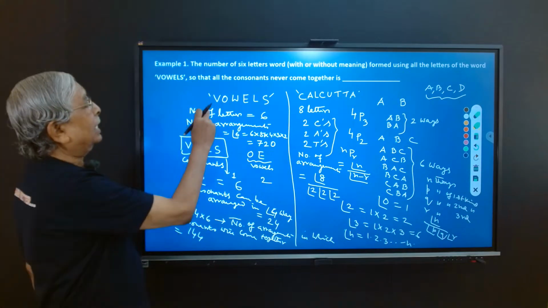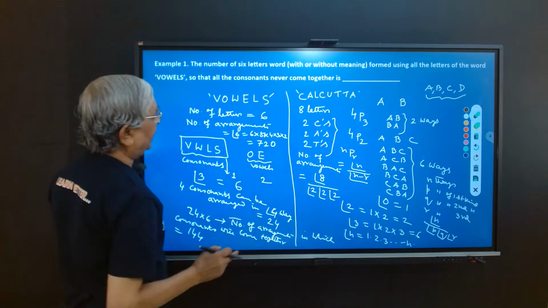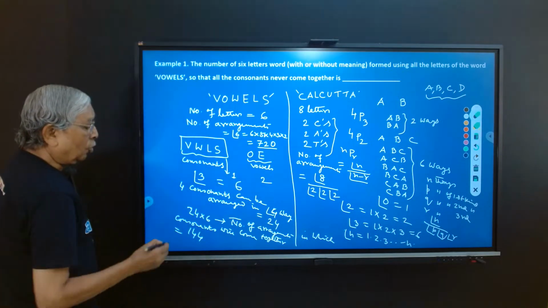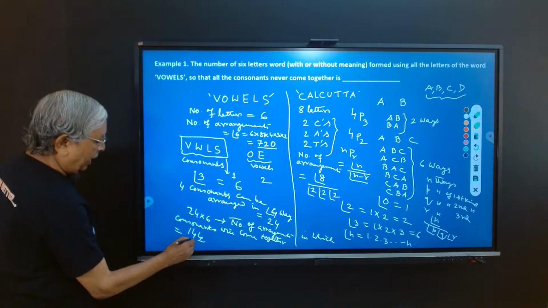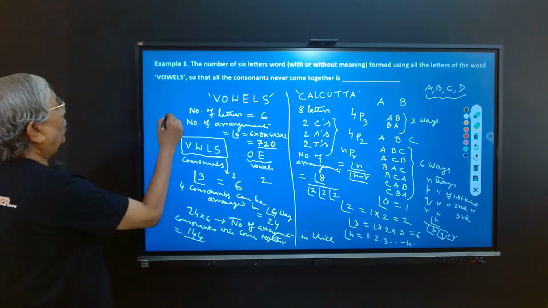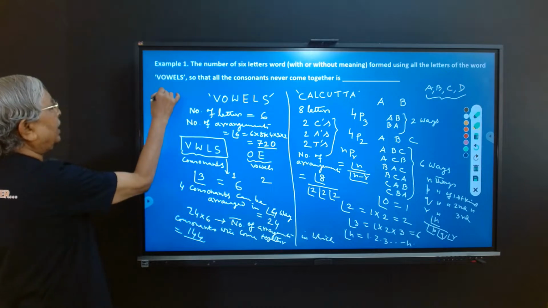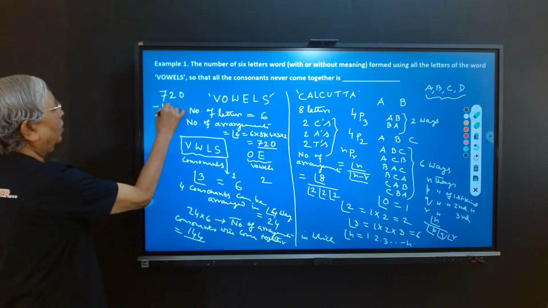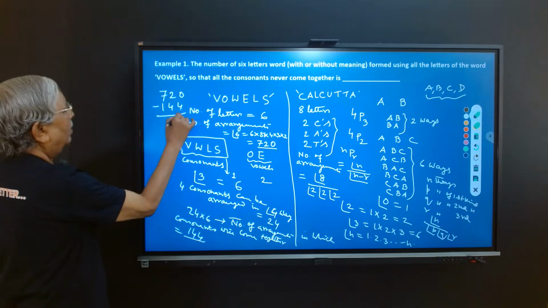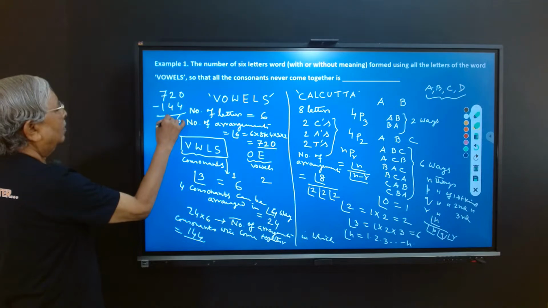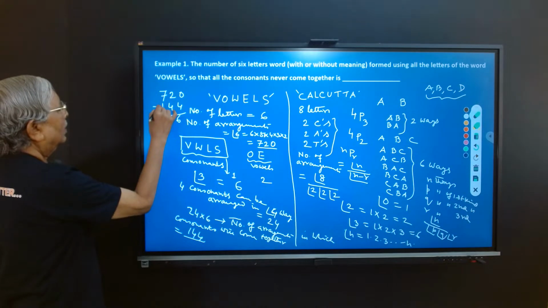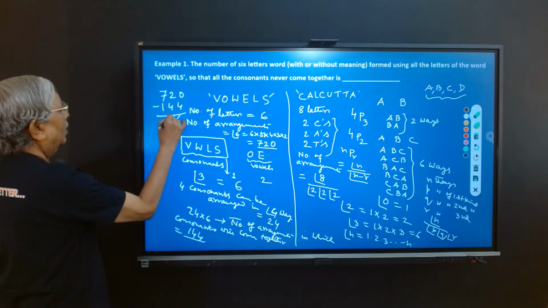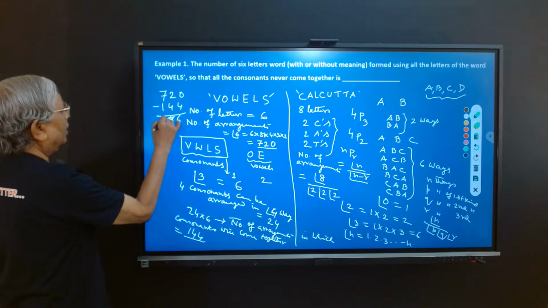What do we want? The consonants will never come together. The total number of arrangements is 720. When the consonants come together, the number of arrangements is 144. So the number of arrangements when the consonants will not come together is 720 minus 144, which is 576.